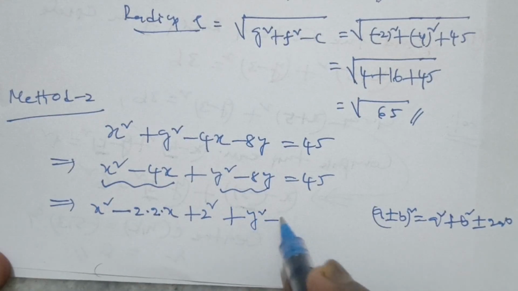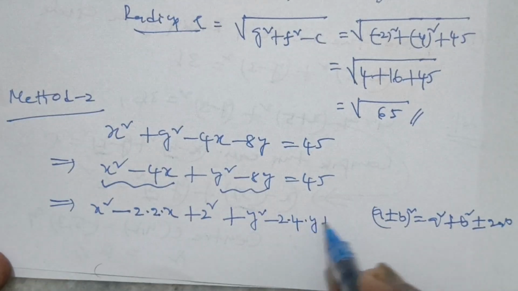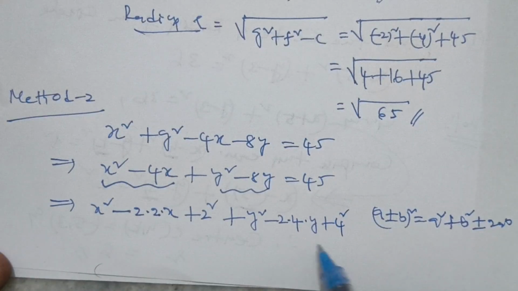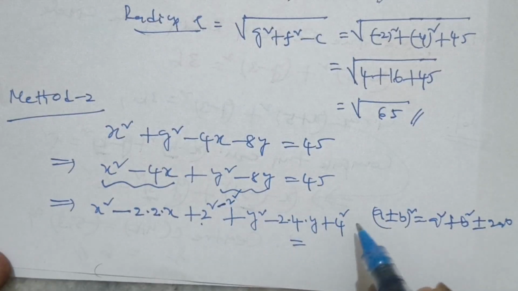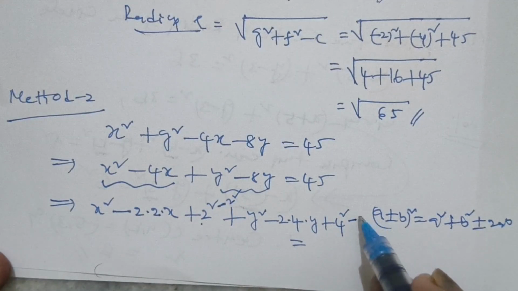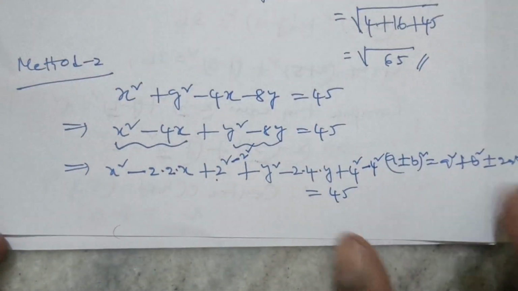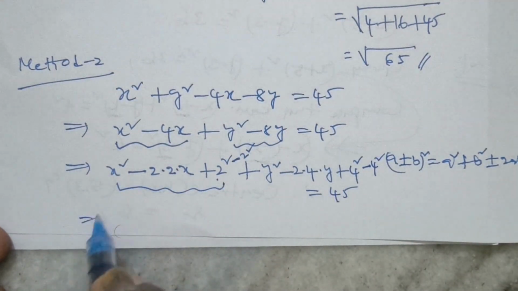Similarly, y square minus 8y can be written in 2ab form, 2 into 4 into y, plus b square means 4 square. Here 2 square is added. Similarly, 2 square can be subtracted. Here 4 square added and 4 square subtracted is equal to 45.